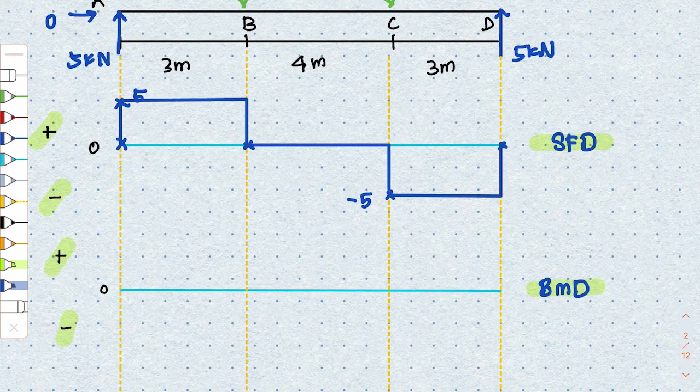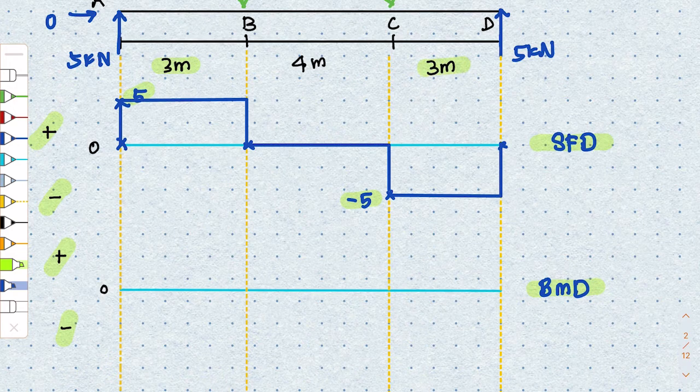Kalau you tengok dalam you punya shear force diagram, you see that the force here adalah 5 kilonewton and the distance adalah 3 meter. Kan? Untuk the first one, A to B. And same goes with C to D. The force adalah negative 5 and the distance adalah 3 meter.